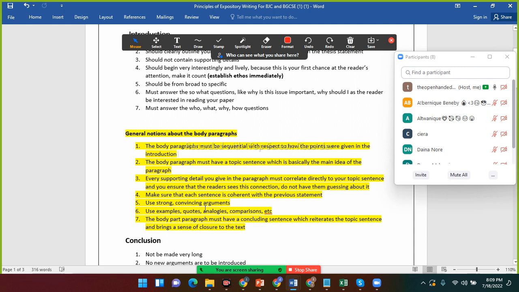So say for example, you say that cell phones should not be permitted into school because it's a distraction, right? It's a distraction. What else could we say about cell phones?